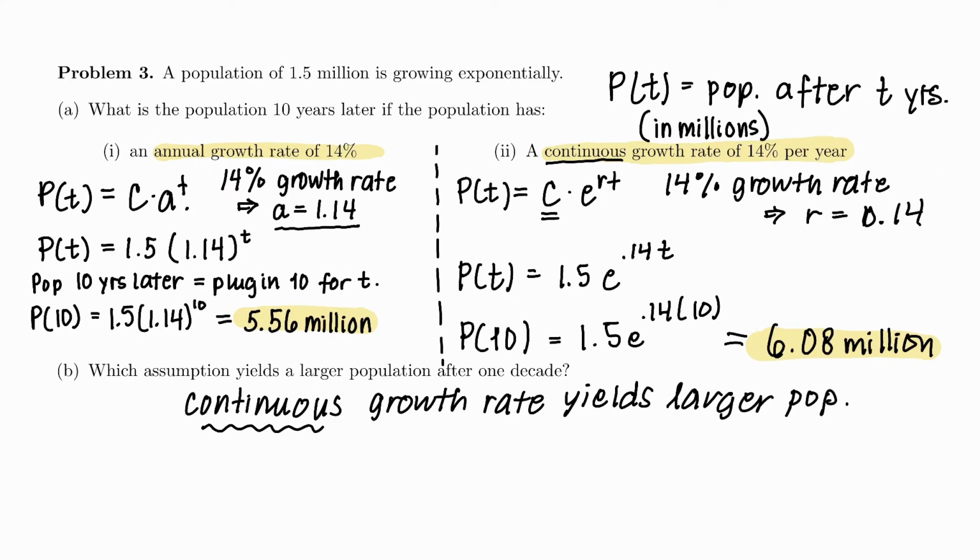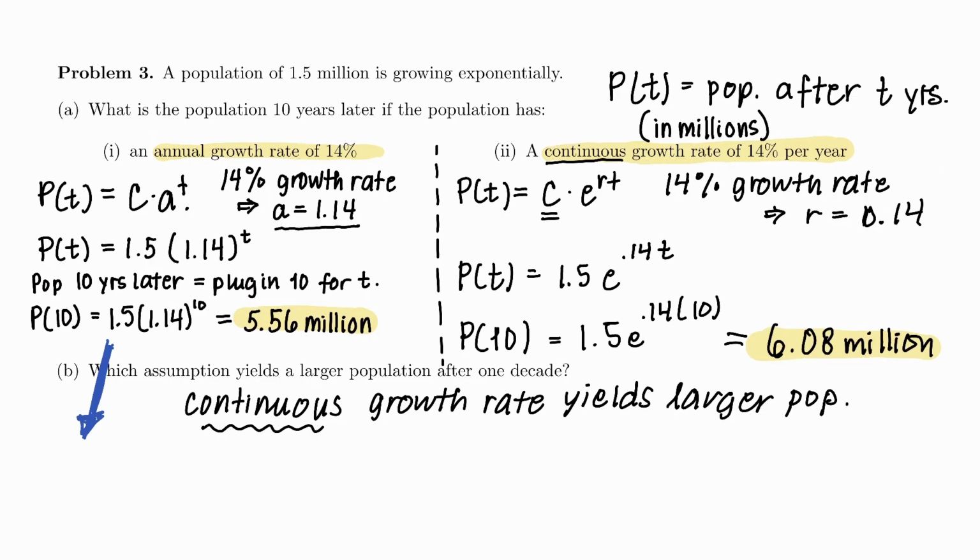Okay, so let's really quickly write down what these mean. An annual growth rate, what this means is the following. It's sort of like the new people are being added to the population once at the end of the year. So it's sort of maybe like how if a town did a census every year and then reports the results of the census on like April 6th, for example, every year.